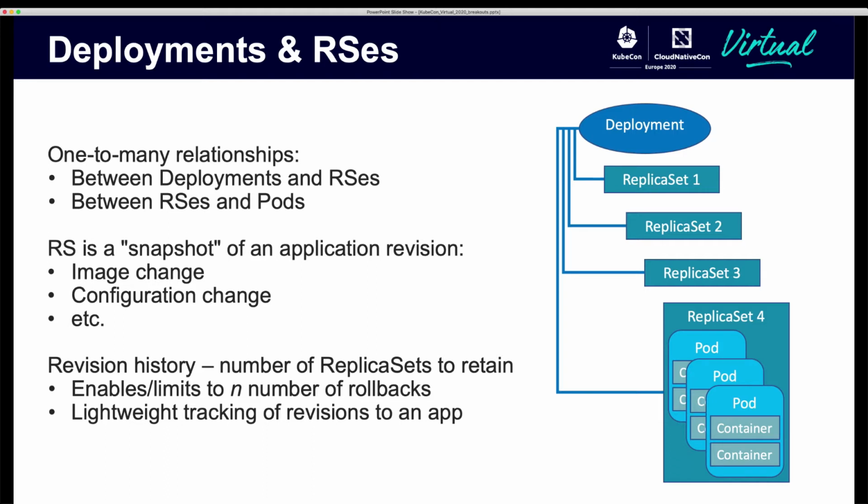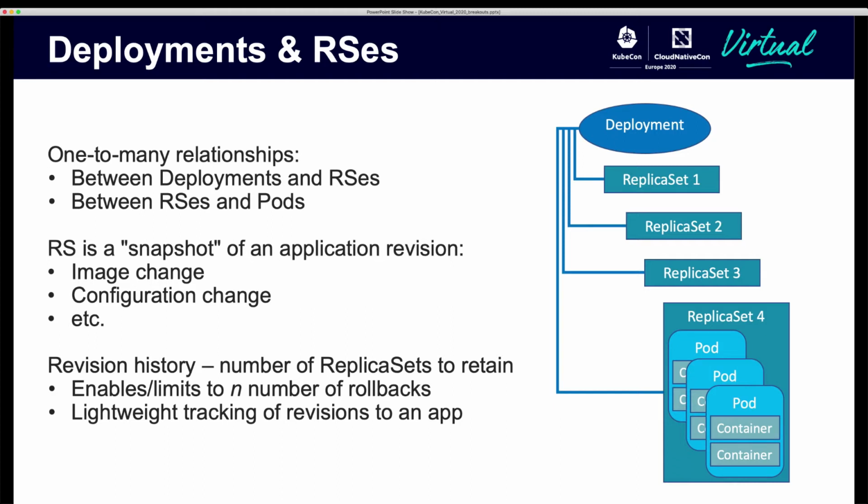Because we have this one-to-many relationship between the deployment and the ReplicaSets, this allows us to roll out with zero downtime, right? So it lets us essentially increment the desired replicas of the new ReplicaSet and decrement the desired replicas of the old at the cadence that we specify.